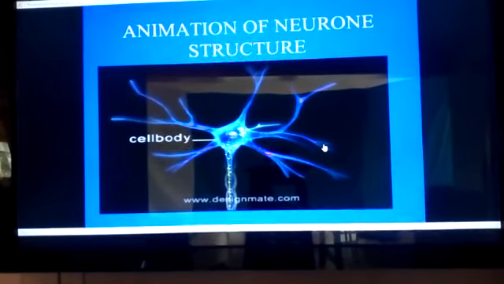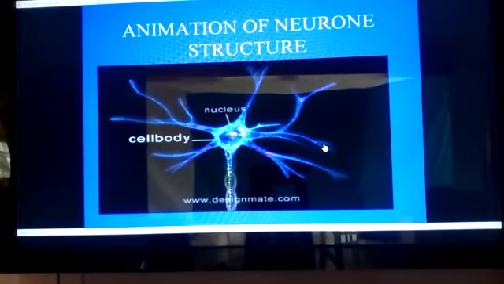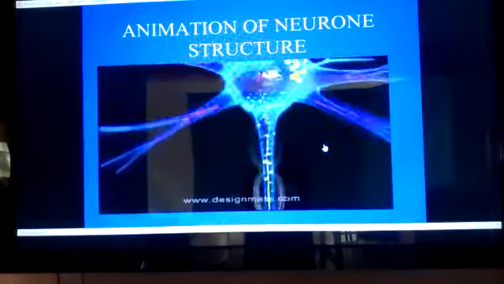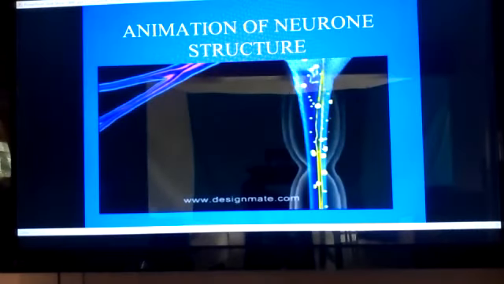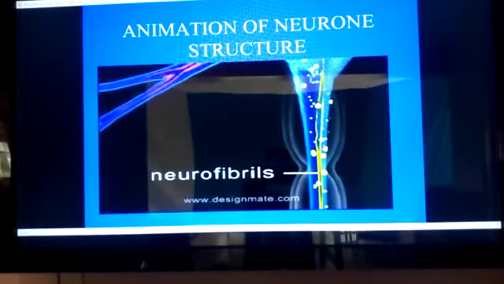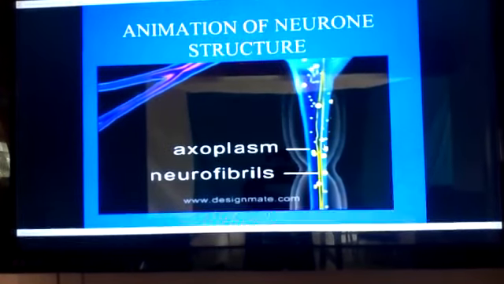It contains a large vesicular nucleus which is centrally located in the cytoplasm of the nerve cell, with basophilic material called Nissl substance. Delicate thread-like structures called neurofibrils are present, which are embedded in the axoplasm.